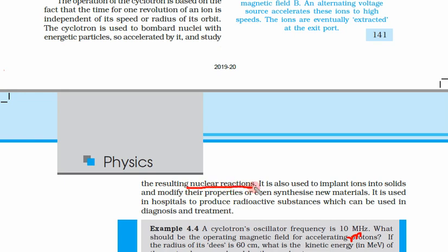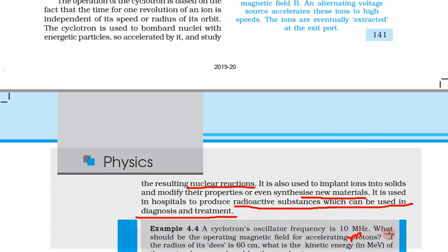So it is helpful in studying nuclear reactions. It is also used to implant ions in solids and modify their properties, or even synthesize new materials. It is used in hospitals to produce radioactive substances which can be used in diagnosis and treatment. So in this way we have seen that the cyclotron is a very useful machine.